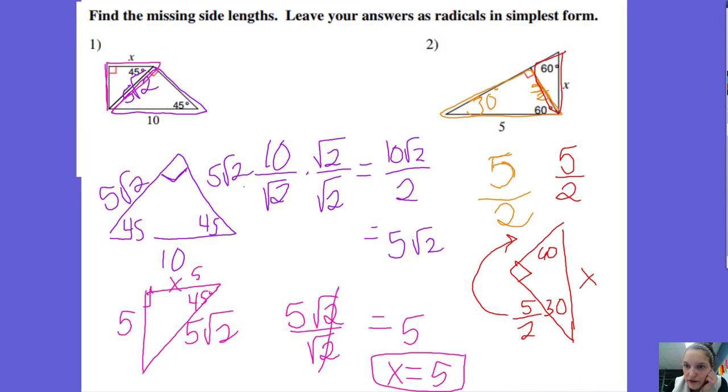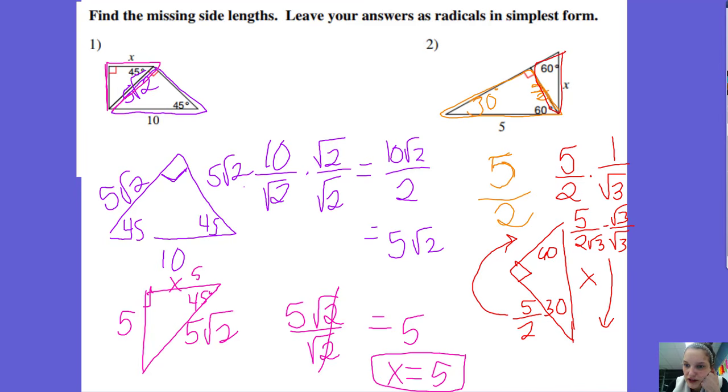Dividing by root 3 is the same thing as multiplying by 1 over root 3. So this will give me 5 over 2 root 3. So then I'm going to multiply by root 3 over root 3.